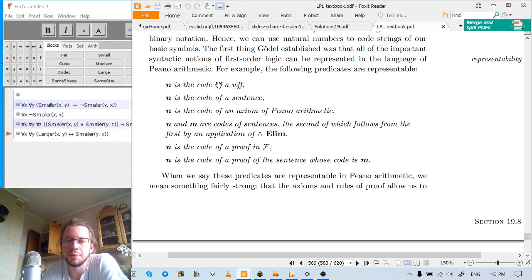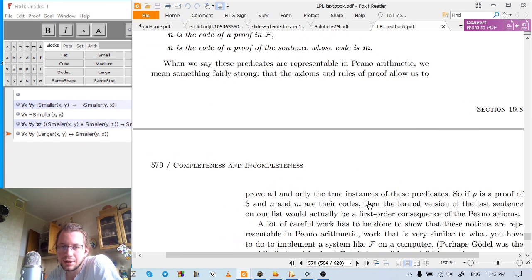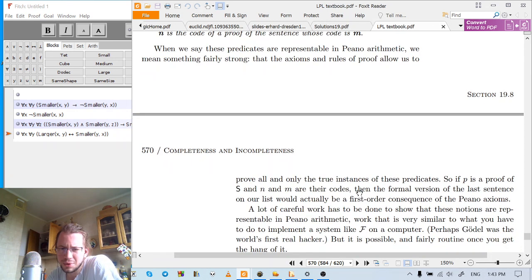So, to be represented in the language of Peano arithmetic means that... I have no idea. Okay, so if P is a proof of S and N and M, are they a code? Code of what?